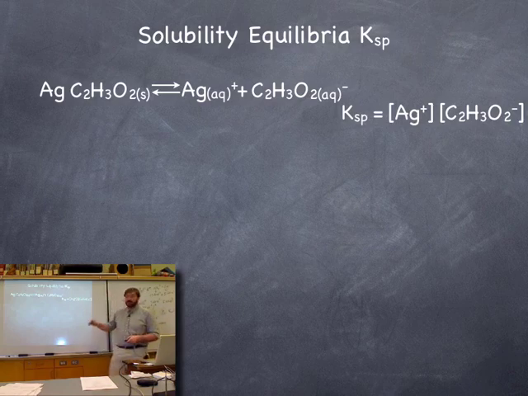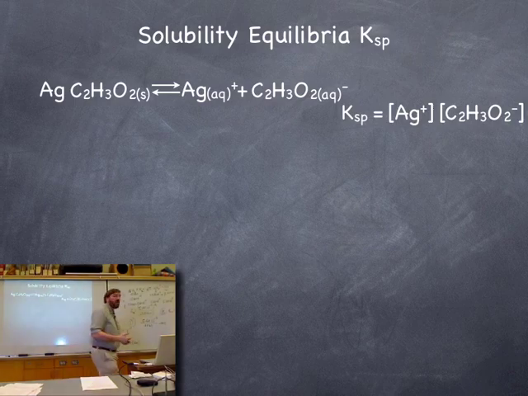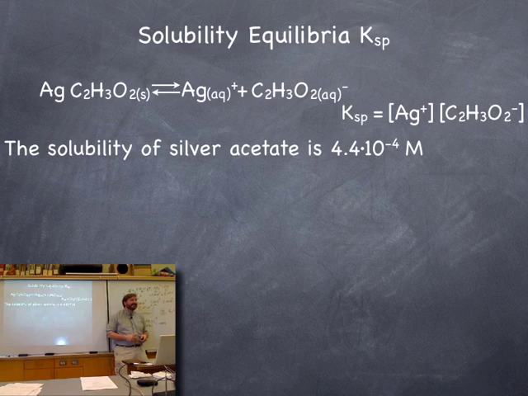So, the solubility is one of the ways we typically express how much silver acetate will dissolve into a solution. And in fact, the solubility of silver acetate is 4.4 times 10 to the negative fourth molarity. That is, I can get 4.4 times 10 to the negative fourth moles of silver acetate to dissolve in 1 liter of a solution.